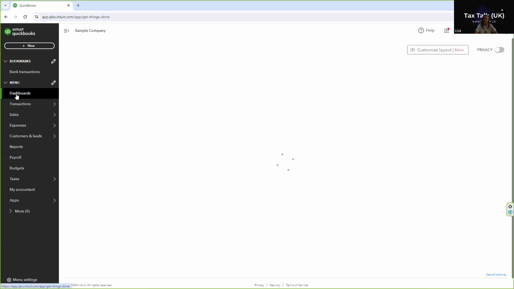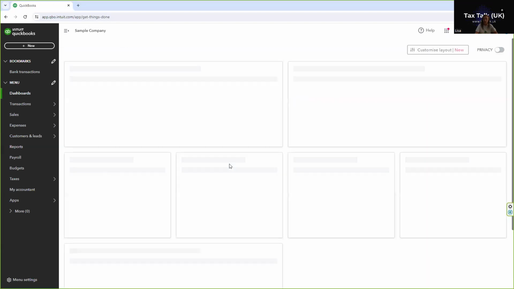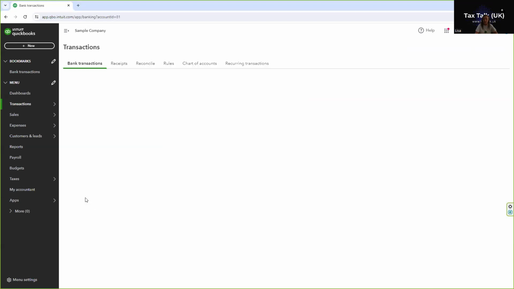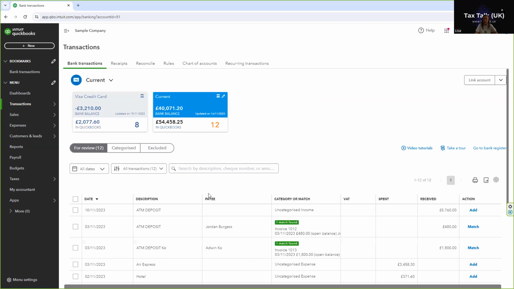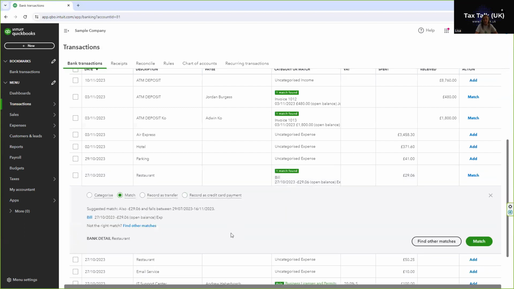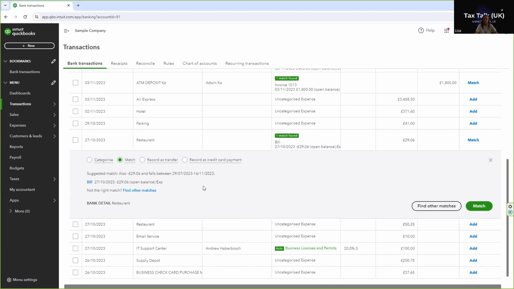So if I hop into the bank account and look at the transactions awaiting allocation, in this demo we have a live bank feed of imported transactions. You can see here I have a bill waiting to pay, and if I open that up, I can see that this is the right bill that I want to pay.